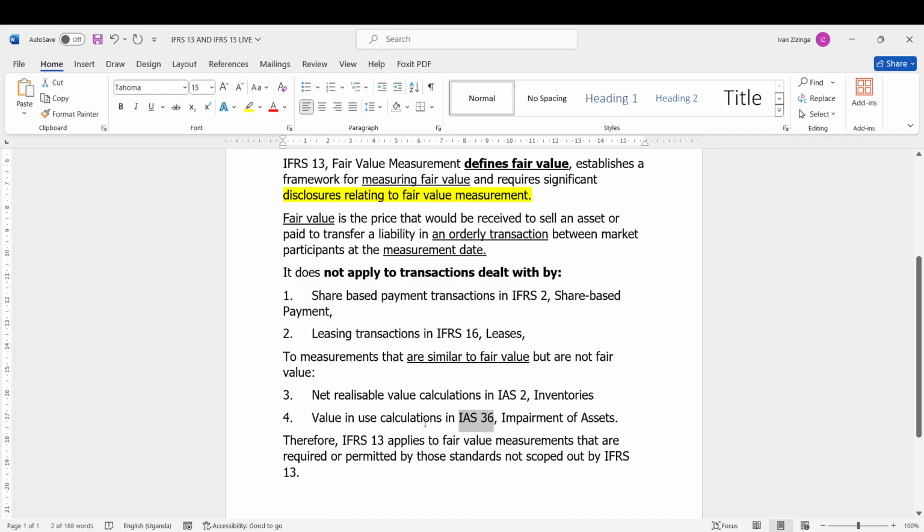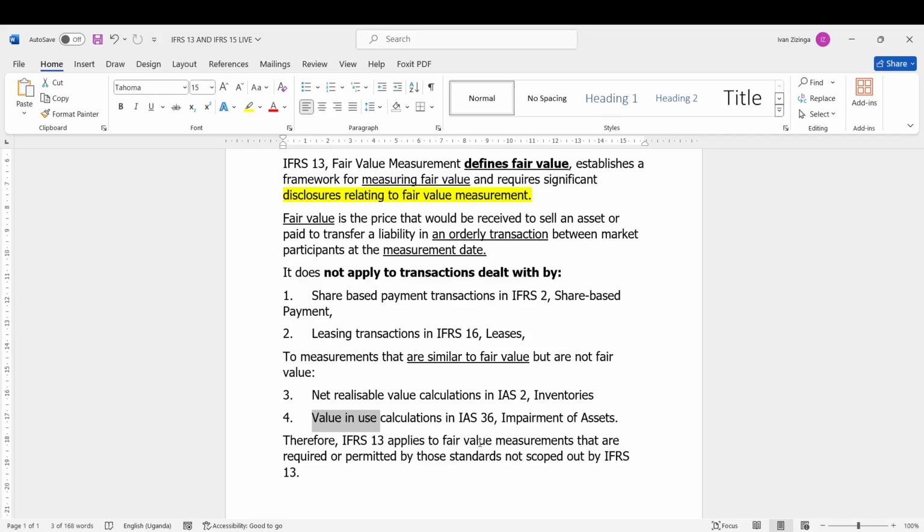Ivan, can you remind me, when do we bring in value in use in IAS 36? Value in use, that is when we are getting what we call the recoverable amount, right?